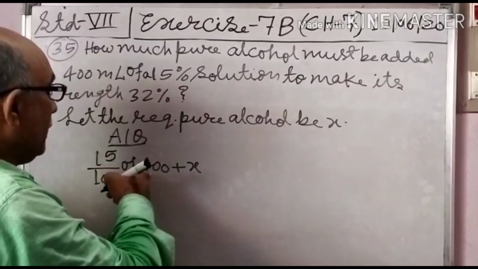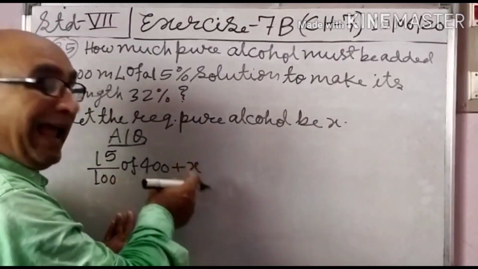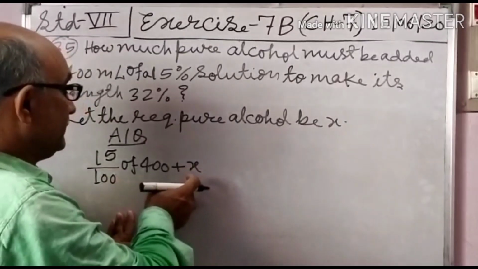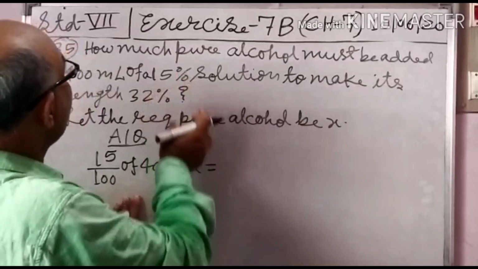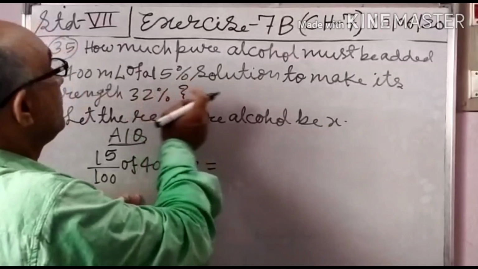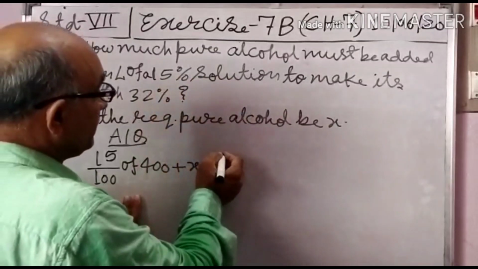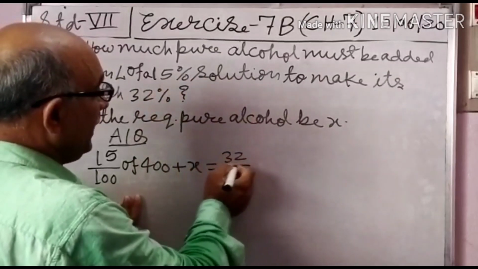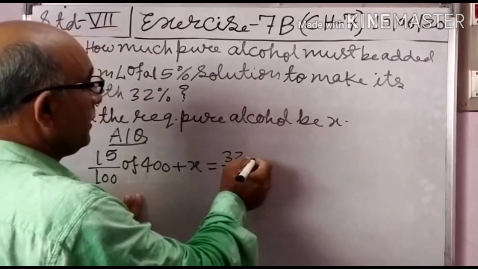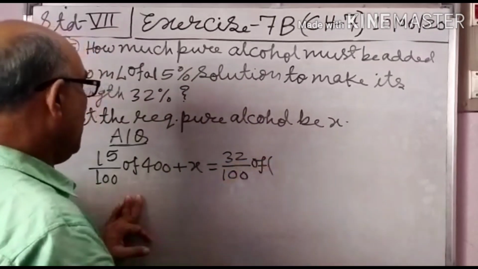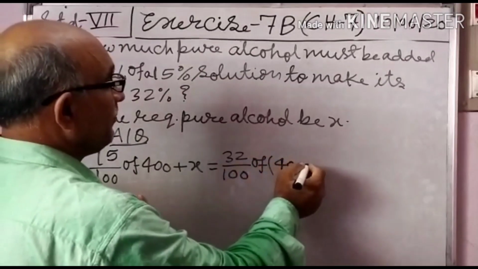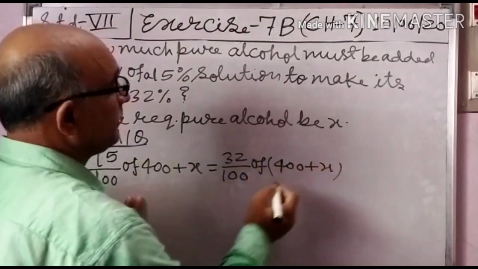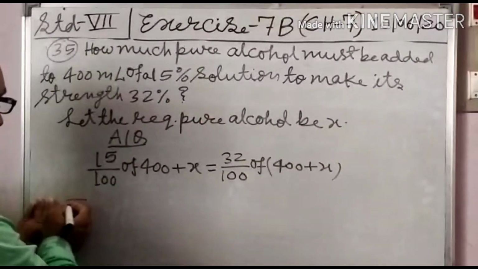So 15 by 100 of 400 and x ml added in it. So plus x equal to, now the strength of solution be 32%. So that means 32 by 100 of, now solution is 400 ml plus added x ml. Solve it.